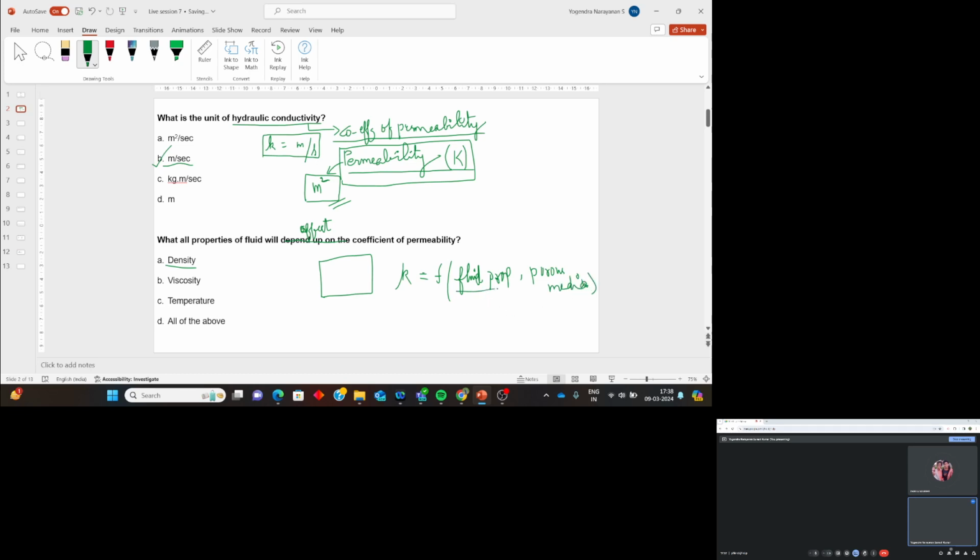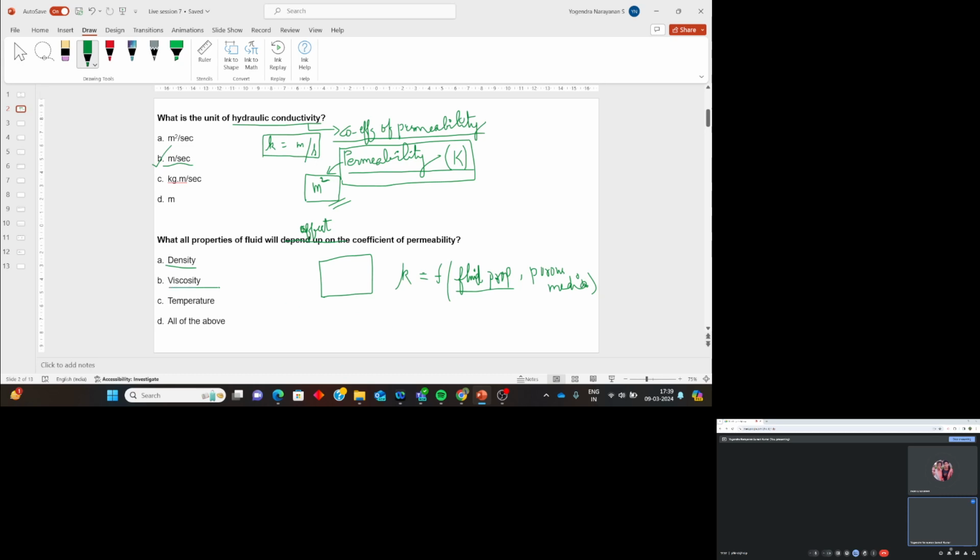So fluid properties include density. If fluids of two different densities are flowing, for example water and gas, obviously there will be a difference in flow between these two fluids through the soil mass.